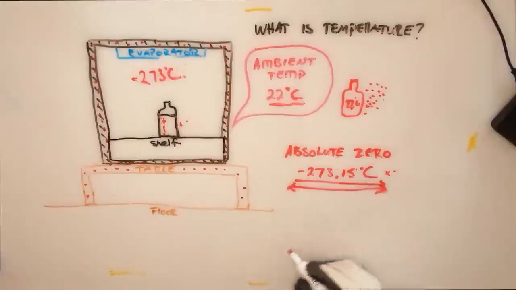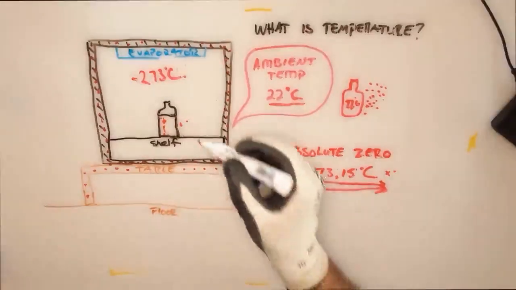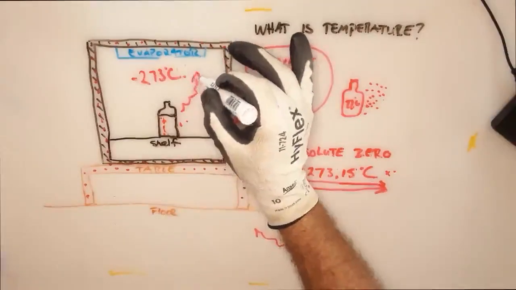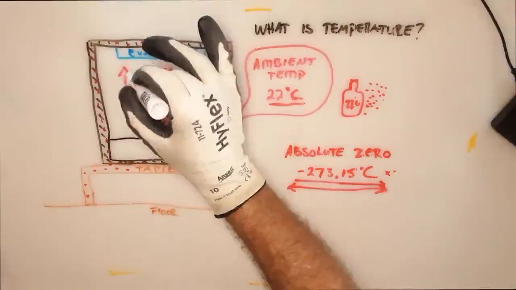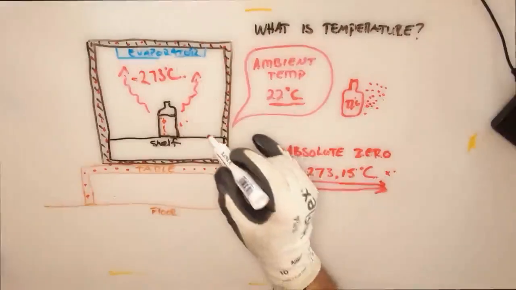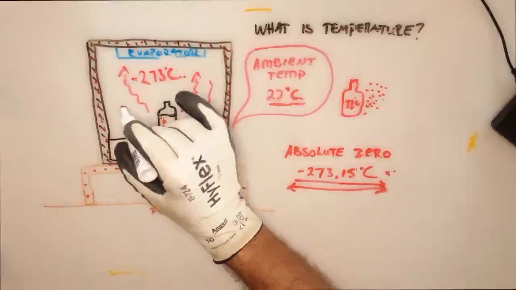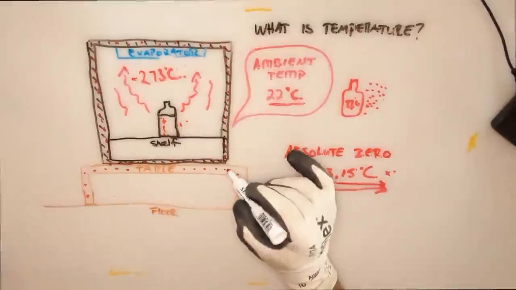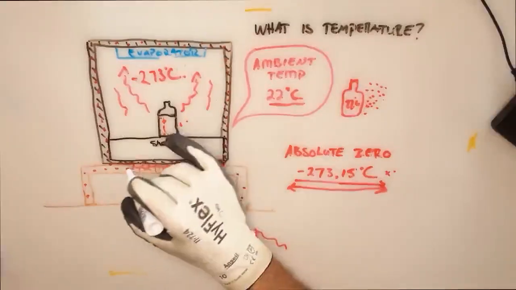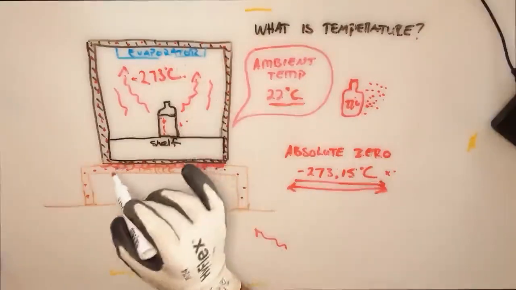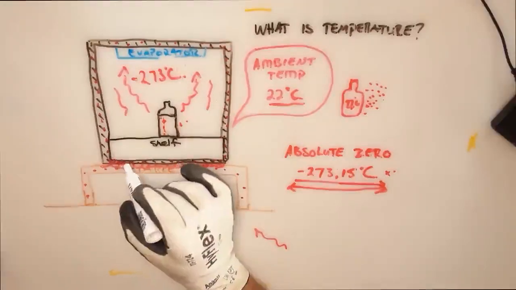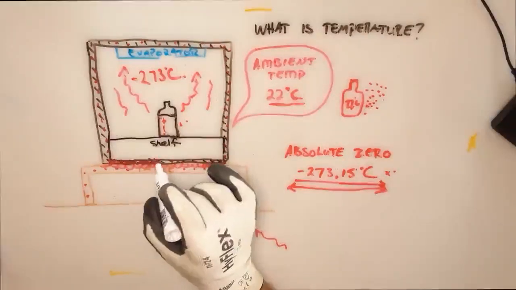So we know that hot always moves to cold. For instance here, the heat generated from this cool drink will move to my evaporator because we've got hot and that is cold. At the same time, while this is cooling down, the atoms from the table will be releasing heat between the table and the refrigerator. The atoms between the casing of the fridge and, let's say, the foam, will also be generating heat.